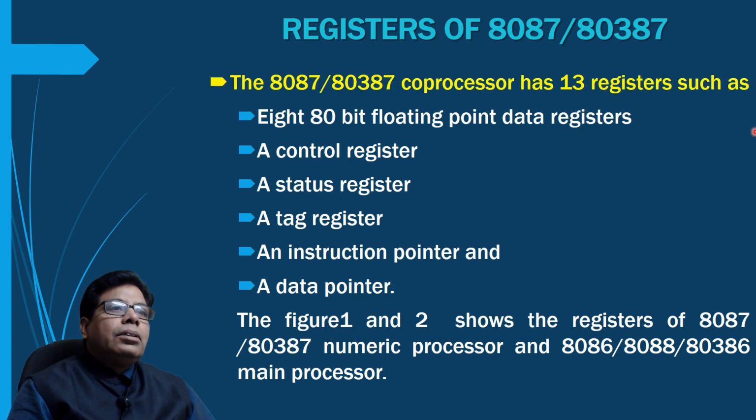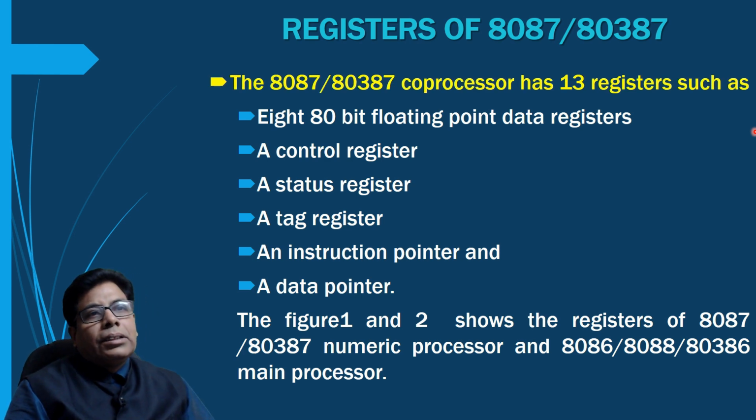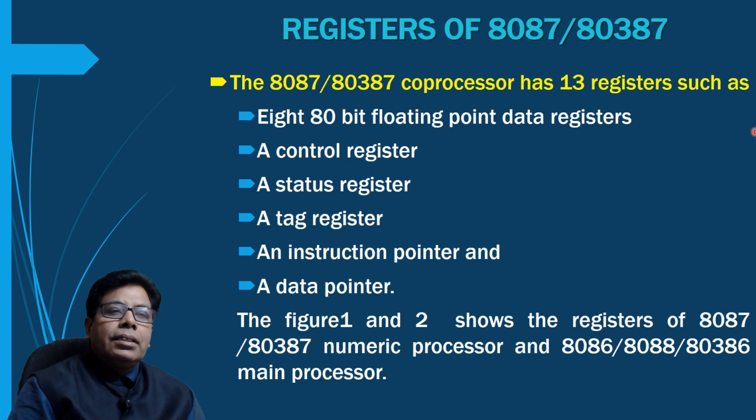The 8087 coprocessor has 13 registers: the 8 80-bit floating point data registers, control register, status register, tag register, an instruction pointer and a data pointer. Now figures 1 and 2 show the registers of 8087 and 80387.